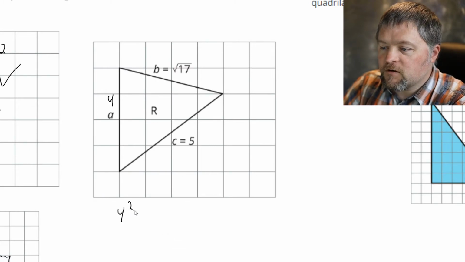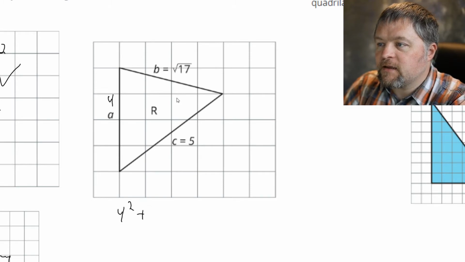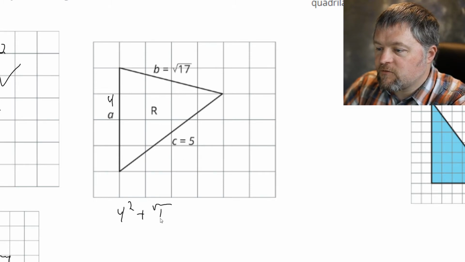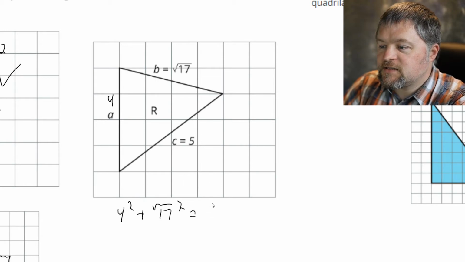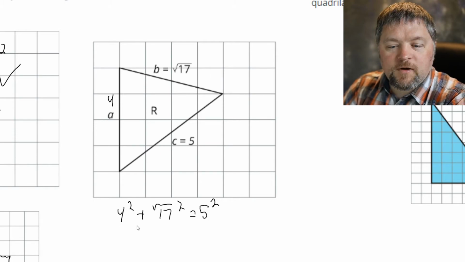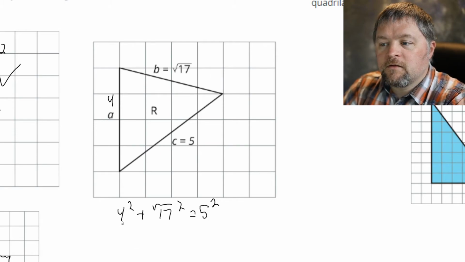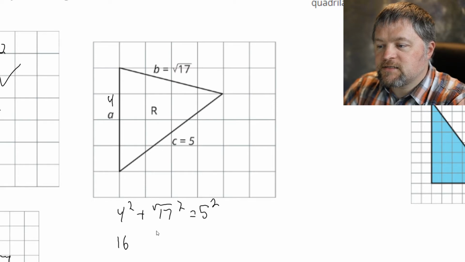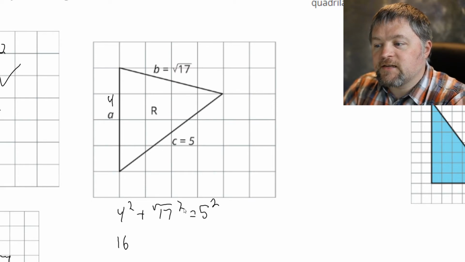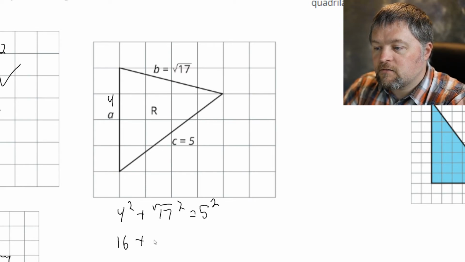A is 4 squared plus B, the square root of 17, squared equals C squared. 4 squared is 16. The square root of 17 squared is just 17 because inverse operations cancel out.